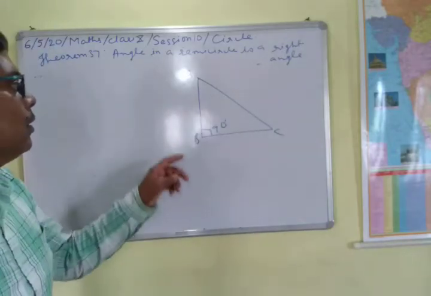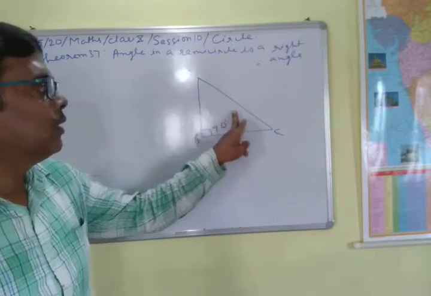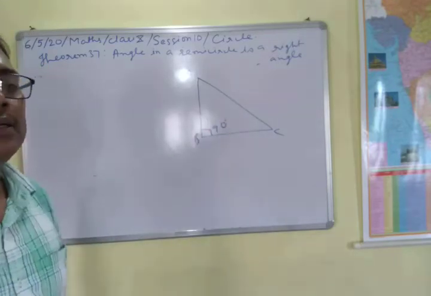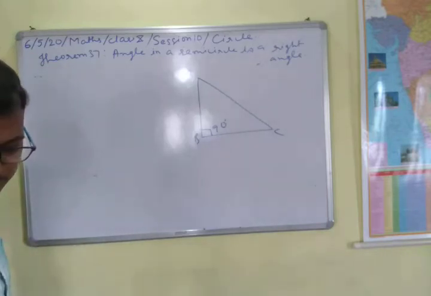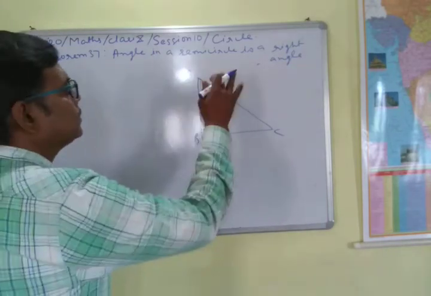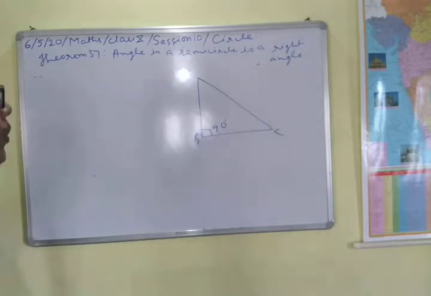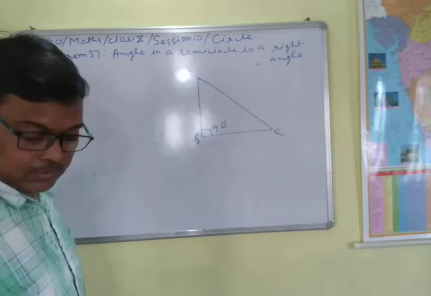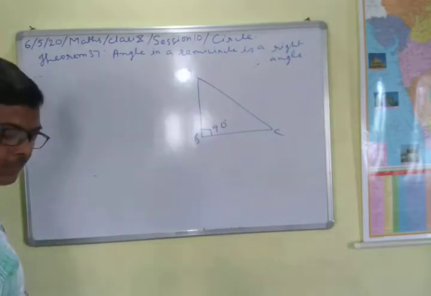You are given a triangle ABC, angle B is equal to 90 degrees, and take AC as the diameter of a circle. We have to draw a circle, and this circle cuts AB at point D.